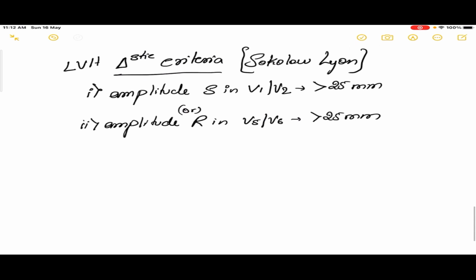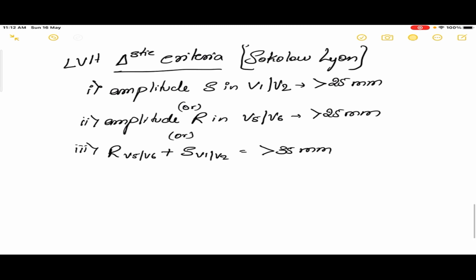There are certain other criteria. The R wave in V5 or V6 summed with the S wave in V1 or V2, if this is more than 35 mm, is also diagnostic of left ventricular hypertrophy.